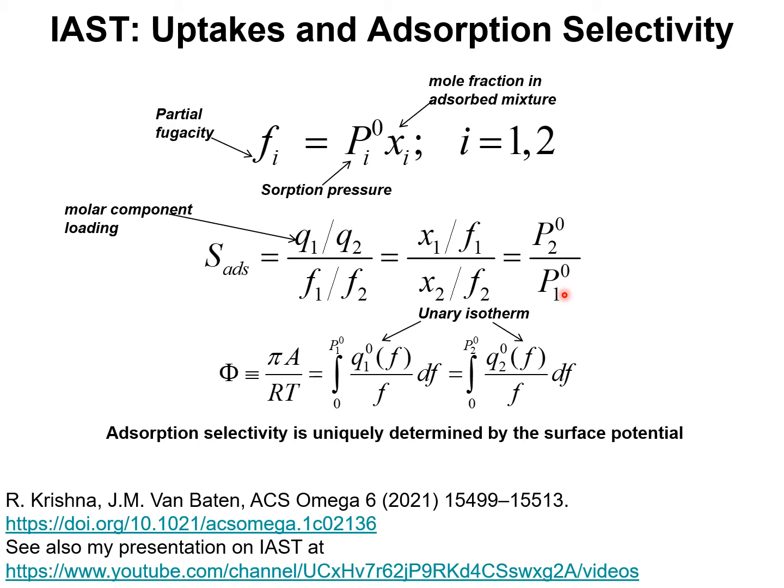The sorption pressures of 1 and 2 are calculated such that they yield the same values of the spreading pressure pi for pure component 1, pure component 2, and for the mixture.